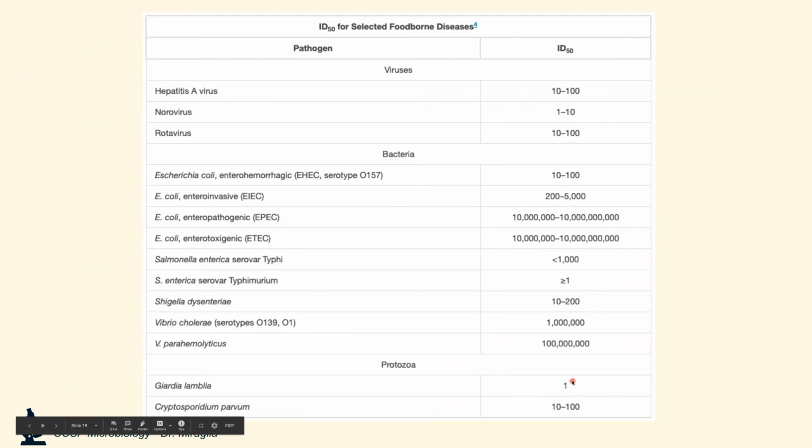One Giardia organism individually can cause Giardia. Okay, so you get the idea here that different pathogens have very different requirements in terms of an infectious dose. If you get infected with this E. coli and you only get 10 organisms, you're not going to get sick, or highly, highly unlikely to get sick, especially if you're healthy.